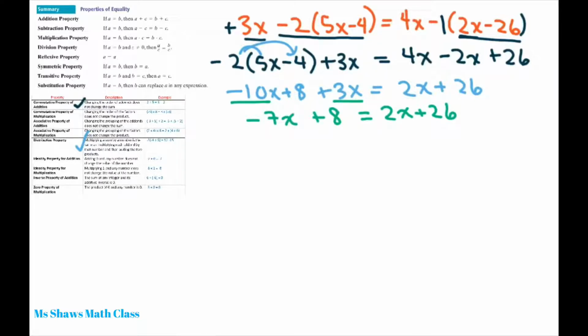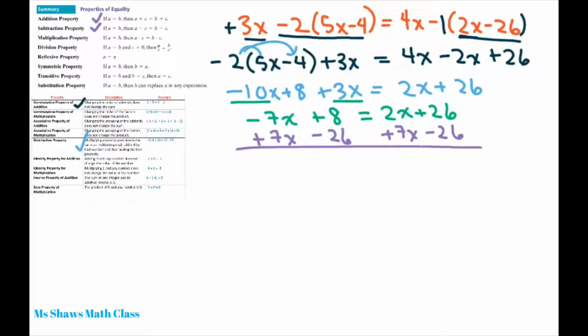All right, now I'm going to use my addition property here of equality. And I'm also going to subtract 26 from both sides using my subtraction property.